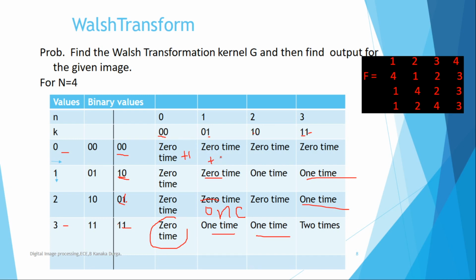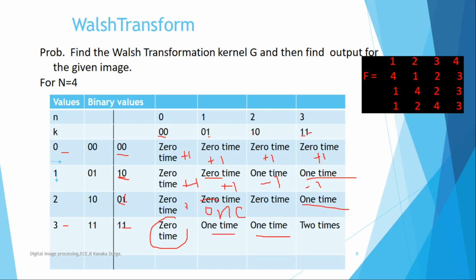This is also positive, this is also positive, this is also positive one. 1 time is nothing but an odd number, so it goes for -1. If the number of overlaps is an odd number, it goes for -1.